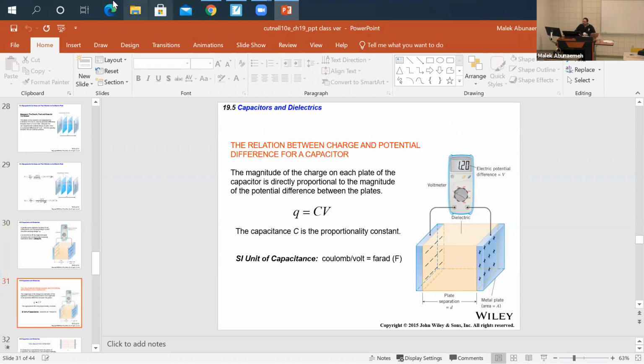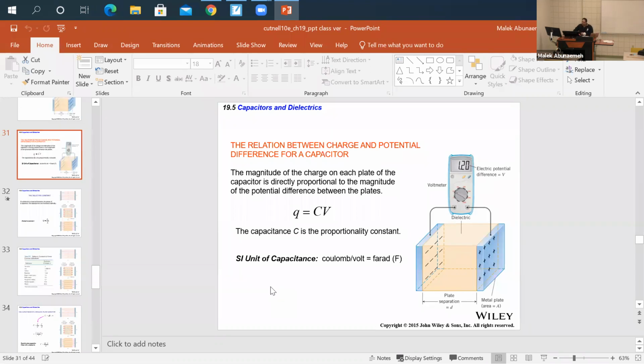Now, we also talked about your capacitance. The magnitude of the charge on each plate of a capacitor is directly proportional to the magnitude of the potential difference between the plates. Now, your charge is going to equal your capacitance multiplied by your voltage. The unit of the capacitance is your coulomb per volt, which is your farad.